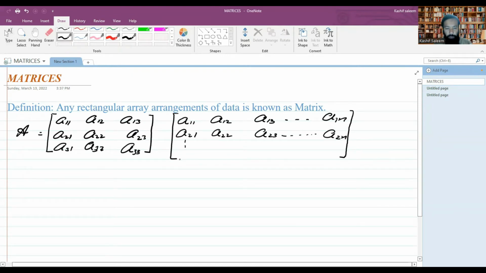Similarly, if there are m rows, so this is Am1, this is Am2, this is Am3, and so on. This is Amn. So this is the m by n matrix, and this is a 3 by 3 matrix.